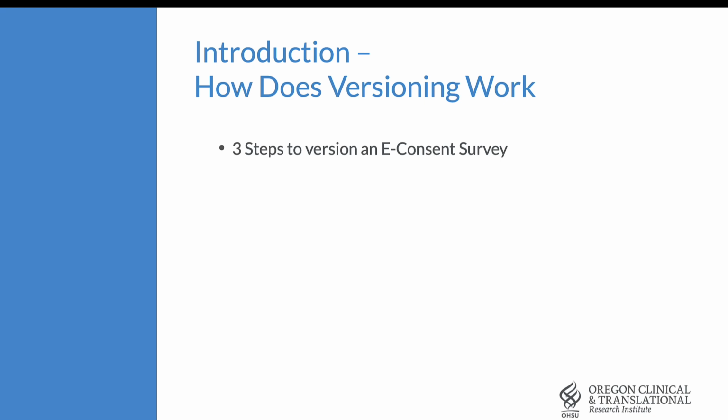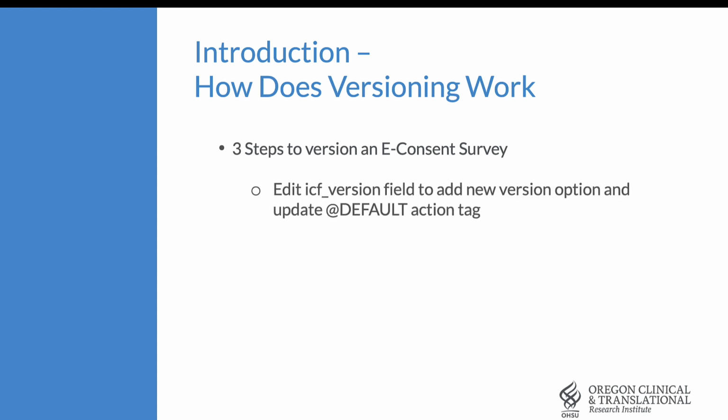There are 3 steps to properly version an e-consent form. Step 1. Edit the ICF version radio button field to add the new option and update the @default action tag with the raw value of the new option. Step 2. Copy the ICF approval dates field to create a new date field.